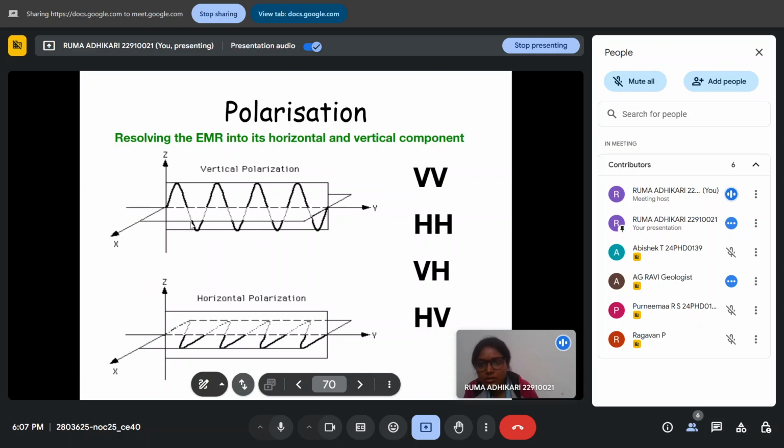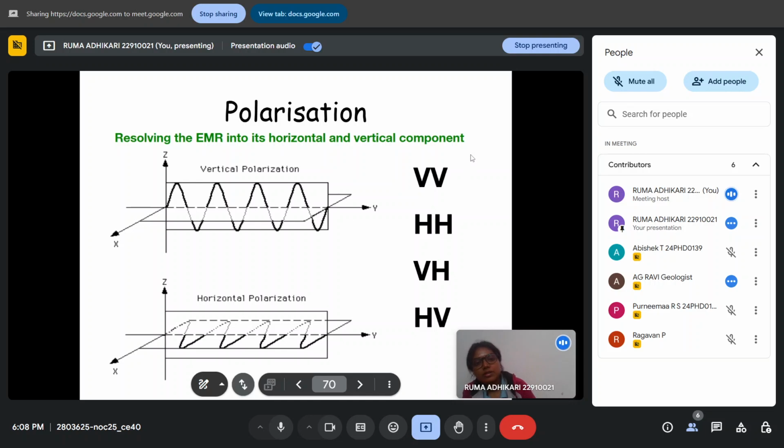So one is perpendicular to the y axis, another is perpendicular to the z axis. So it is sending two types of signal. The vertical one oscillates perpendicular to the moving direction, which is the property of an electromagnetic wave, and the other is horizontal.